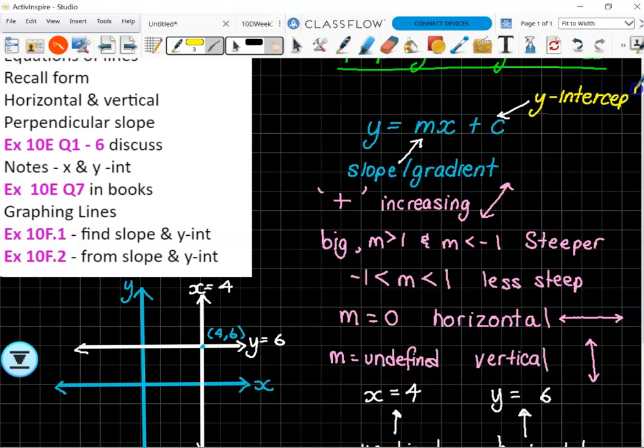Any recollection at all? All right, that's fine. It's where it's going to cut the y-axis. So m tells us the slope. The c value tells you where it's going to cut the y-axis. So if you are told this is the slope, this is the y-intercept, you can get an equation of a line pretty easily.